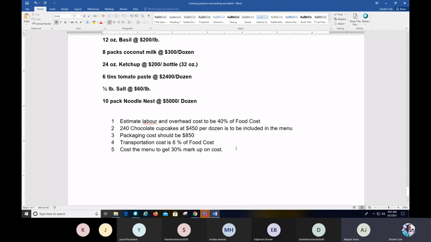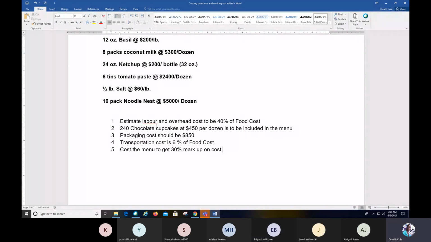So here's the question that it is asking. There are 5 questions here. It says estimate the labor and overhead cost at 40% of food cost. What is the food cost? Price of the meal, exactly. Price of the dish, Miss. Is it the price?